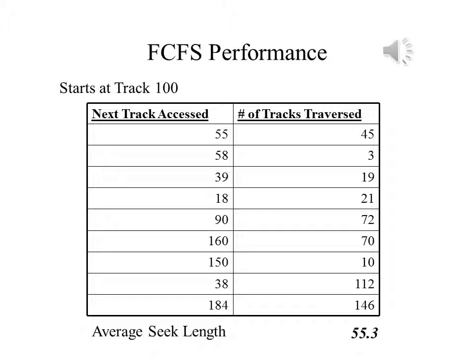While the next few are not so bad, we have two requests that require us to go more than 100 tracks to fulfill them. Had we reversed the order of these operations, we could cut the number of tracks traversed for these two operations from 258 to 184, a savings of 28%.